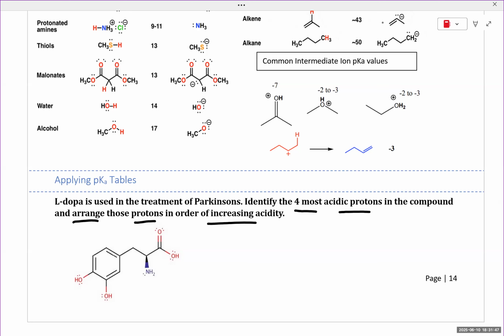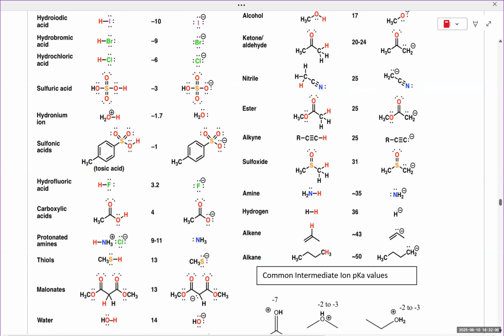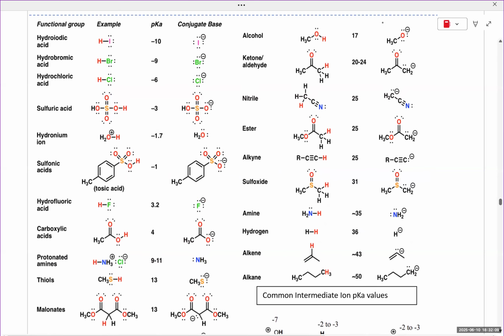Okay, so first and foremost, we have a carboxylic acid proton. This has a pKa of around 4.7. We have two phenol protons, which have a pKa of about 9. To show where we're getting these values from, first and foremost, carboxylic acid is around 4.